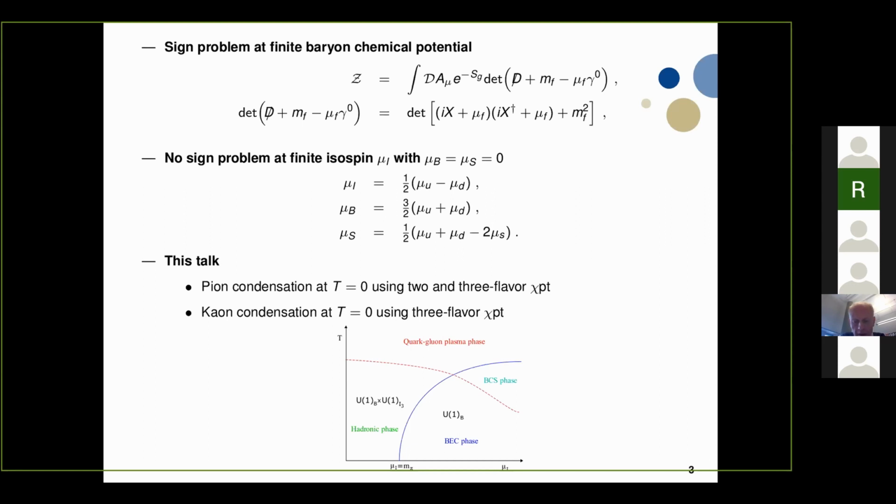Now, there is also this dashed red line in the phase diagram, and there might be a crossover to a BCS phase. I'm not sure of exactly where that line goes, but I also understand that that's going to be a topic for the discussion later today. But I'm going to confine myself to the mu_I axis, so for two flavors I'm just going to go along this axis and not into the mu_I-T plane.